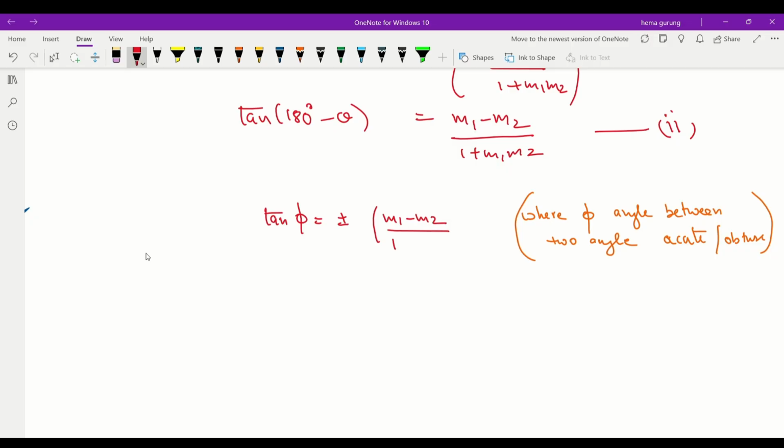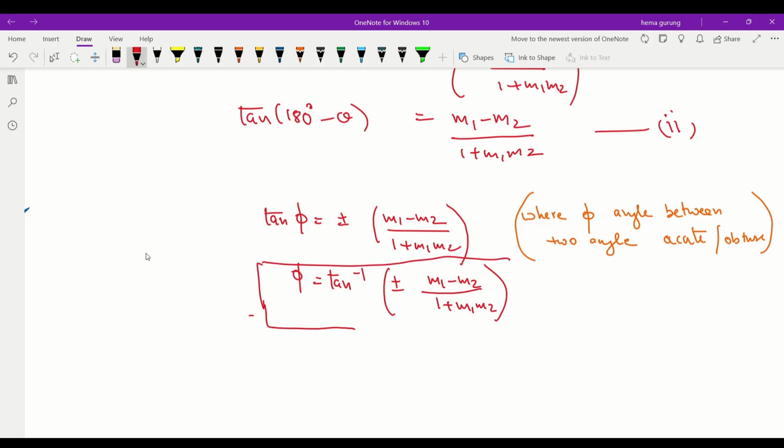Tan phi equals plus or minus (m1 minus m2) divided by 1 plus m1 m2, which can further be written as phi equals tan inverse of plus or minus (m1 minus m2) divided by 1 plus m1 m2, which is the formula to find the angle between two lines.